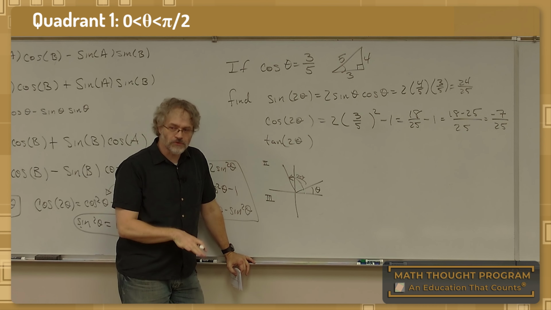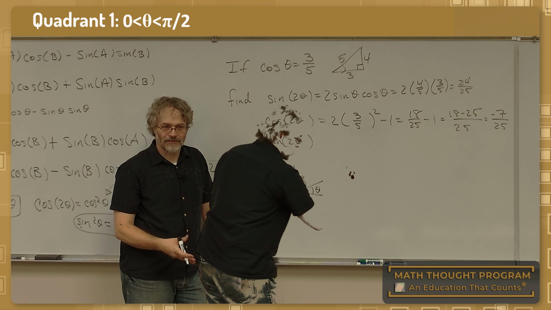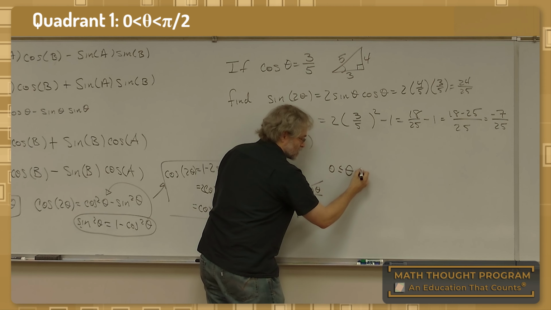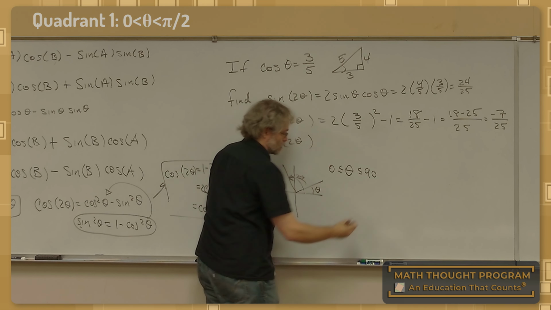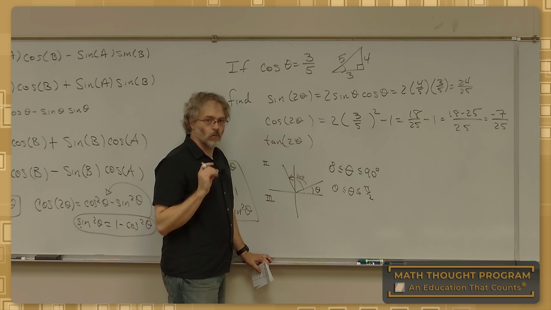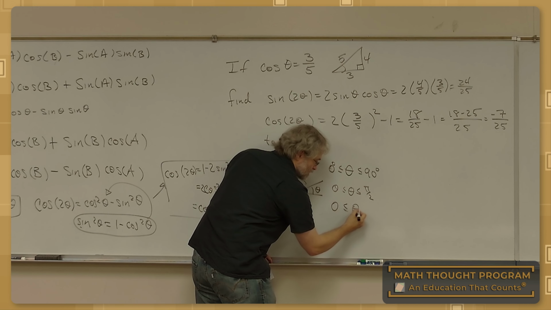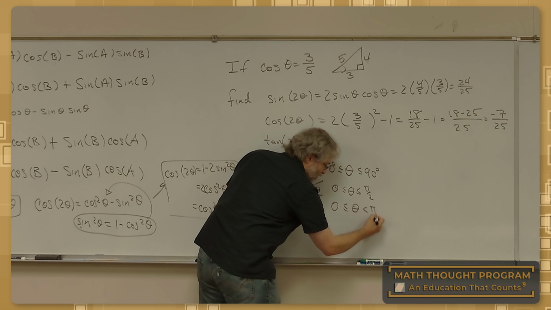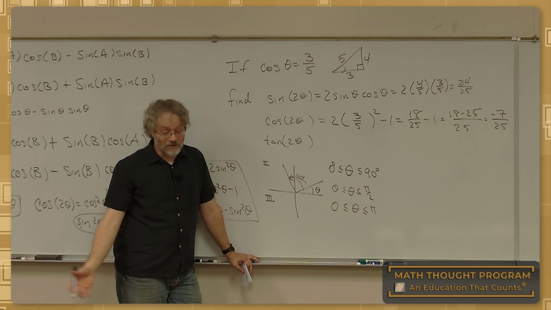So if you're in quadrant 1, what are the measures for theta? It's between 0 and 90 degrees, or 0 and pi over 2. When you double this, that's saying theta is somewhere between 0 and pi. Okay, that's a pretty big spectrum.